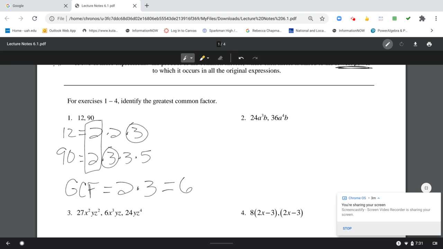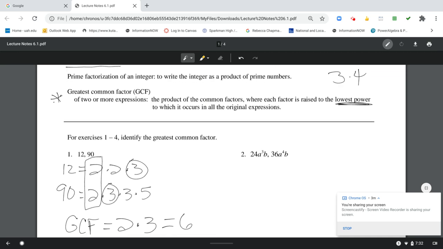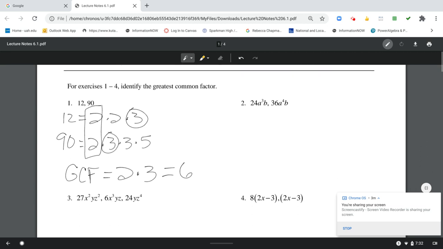Now, when you get into number 2 and they start pulling variables in the mix, you have to remember what they said right here. The product of a common factor, where each factor is raised to the lowest power to which it occurs in all the original expressions. So when we get to the variable part, that's going to be the easier part.